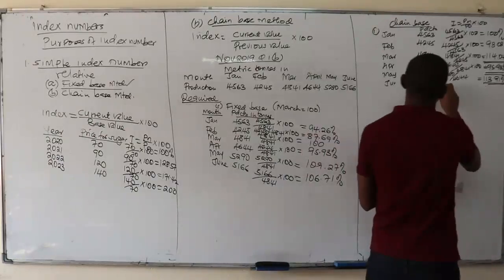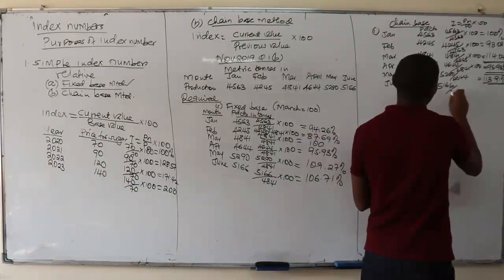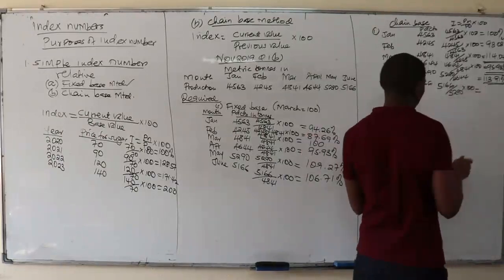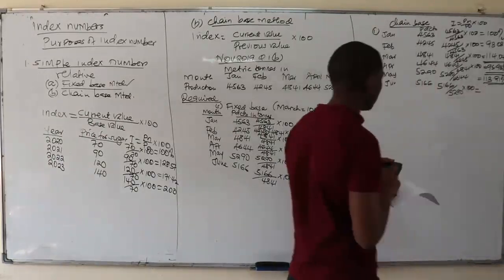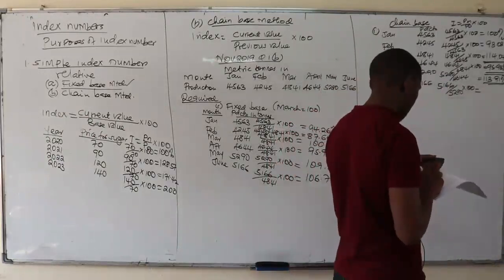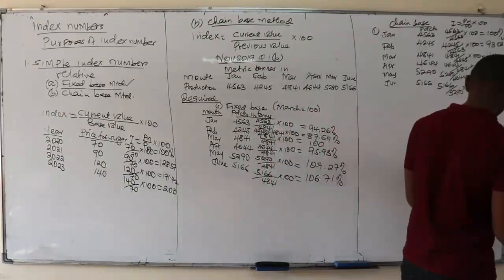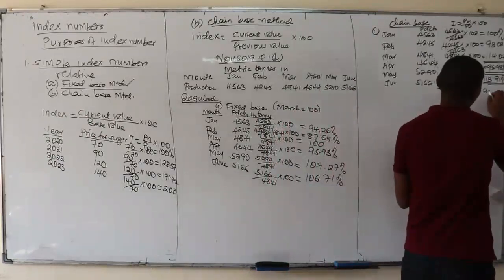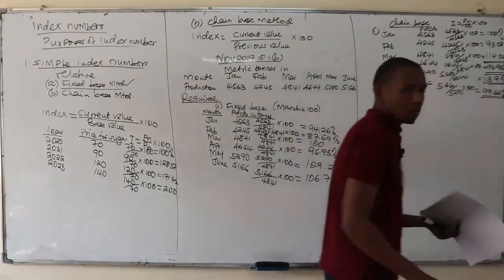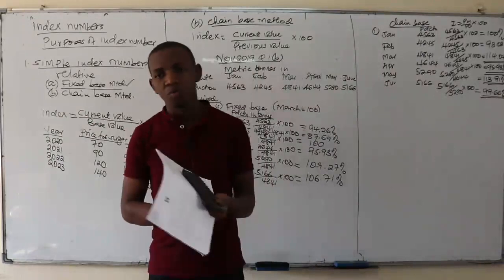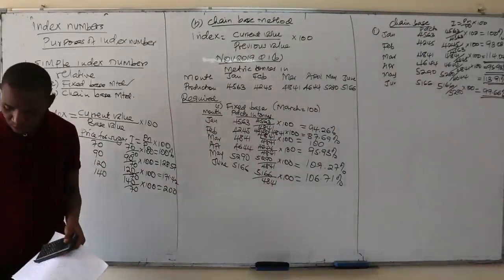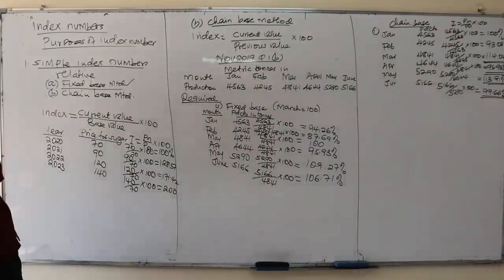Then the last one is 5166. You divide by 5290, then you multiply by 100, which in that case is 97.66%. That is how you get it when you use the chain base method. That is on the simple index numbers.